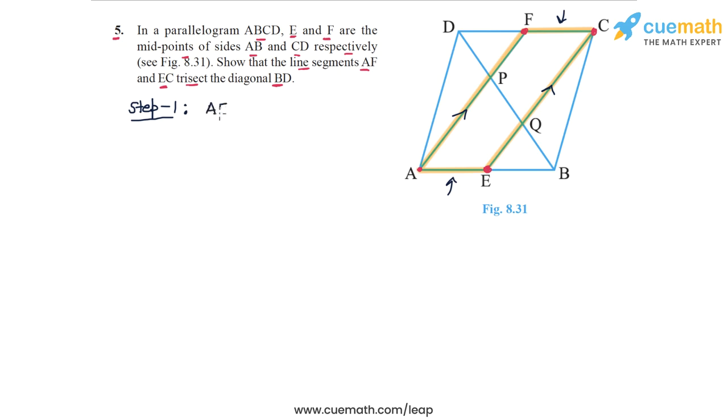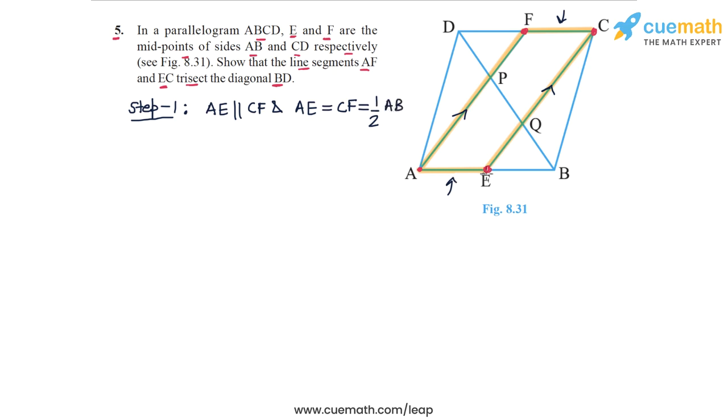So AE and CF are parallel to each other because they are parts of the opposite sides of a parallelogram. And also they are equal to each other. Why? Because both of them are equal to half of their respective sides, which are equal.